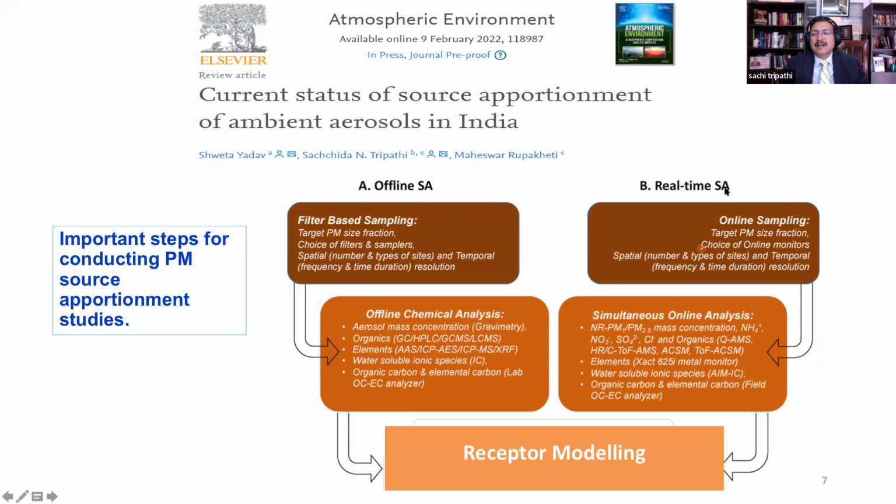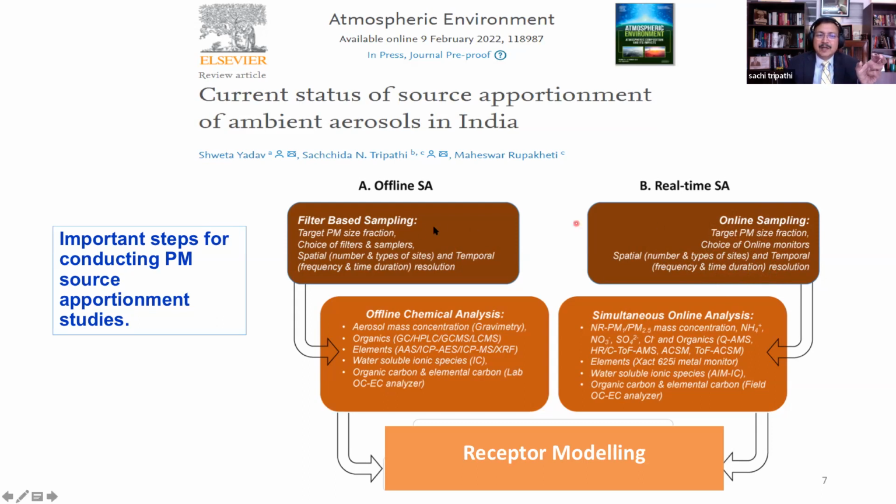On the other hand, real-time source apportionment has also started gaining some traction in the country. There also, you start with the target PM, choose which online monitor you want to use, and likewise how many sites you want. Temporal variation is not an issue here, because they generally provide information at a very high temporal frequency.